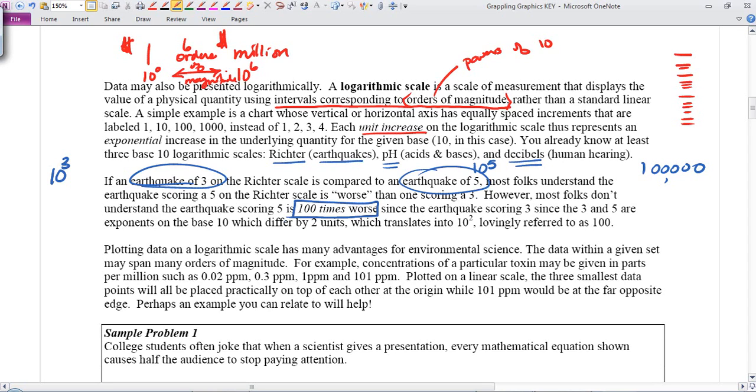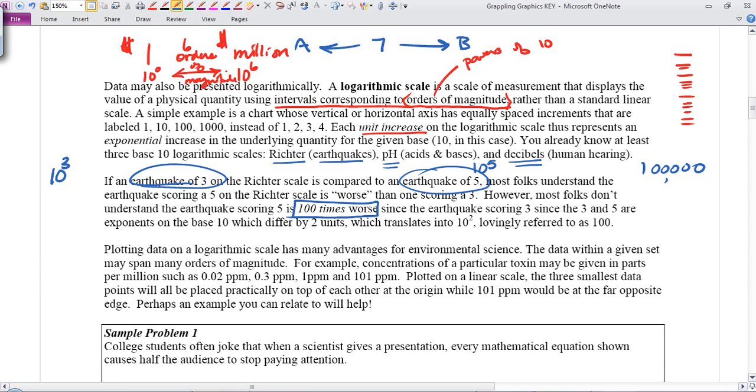So the same thing goes with pH. When you're comparing acids and you have a pH, because with the pH scale, we have this idea of neutral is 7 in the middle, and then as we leave neutral, it's alphabetical, acid to base. So you get more and more acidic the farther you are at the lower end of 7, and you get more and more basic at the upper end.